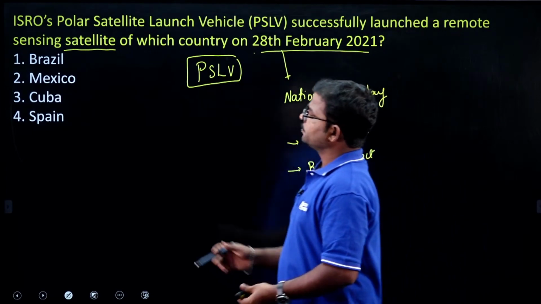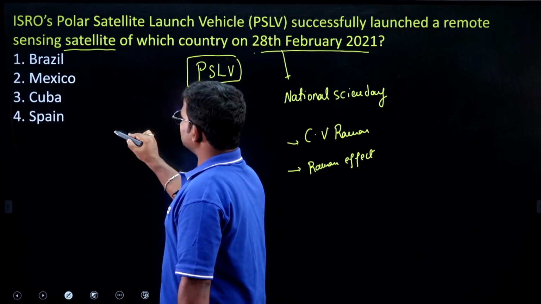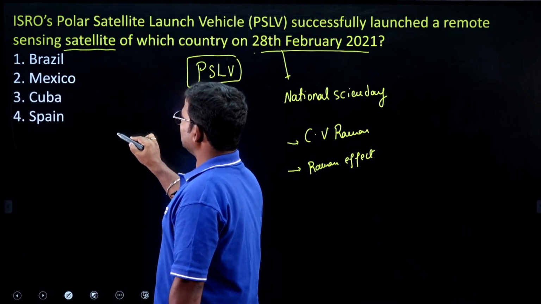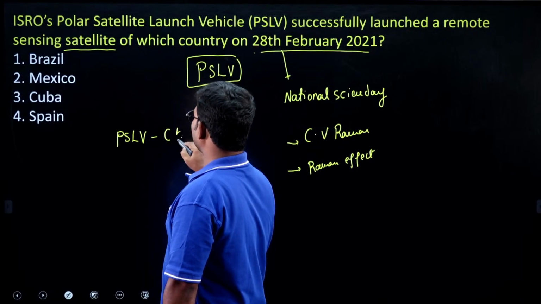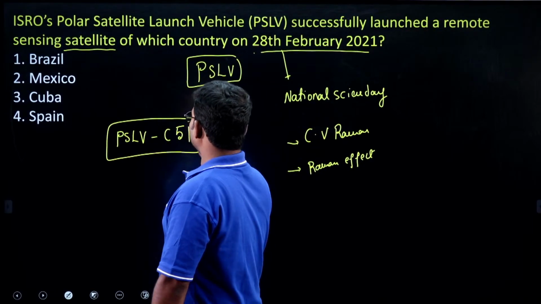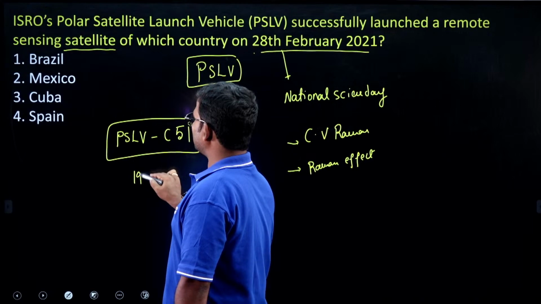So in 2021, ISRO launched a vehicle called PSLV C-51. In this mission, 19 payloads are there.